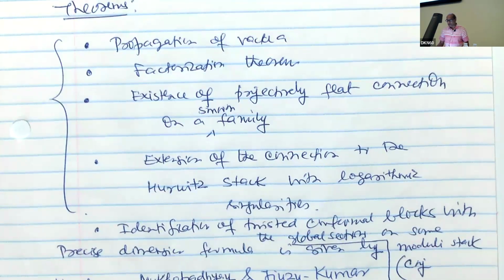We identify the twisted conformal block with the global sections on some moduli, which was conjectured by Pappas and Rapoport. So there is a geometric side.